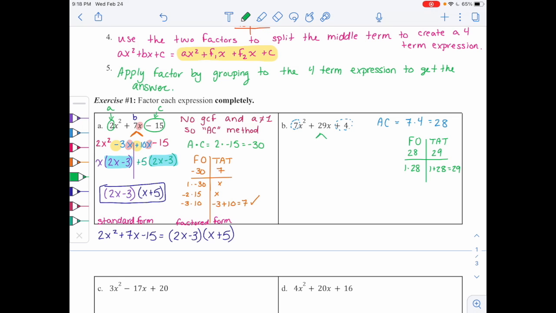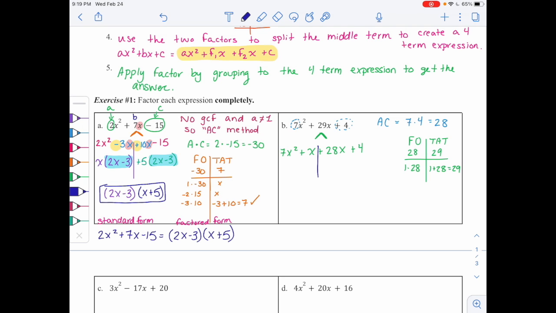So now I split my middle term. 7x squared plus x, or plus 1x, plus 28x plus 4. Does not matter where you put which one. If I did 7x squared plus 28x, I'd still end up with the same answer.